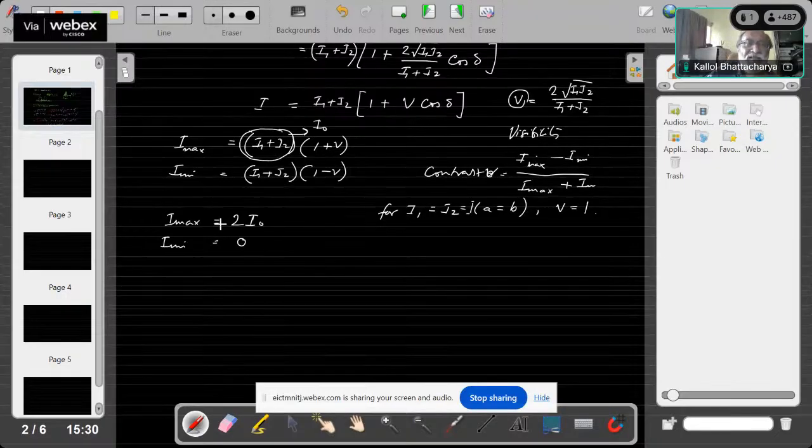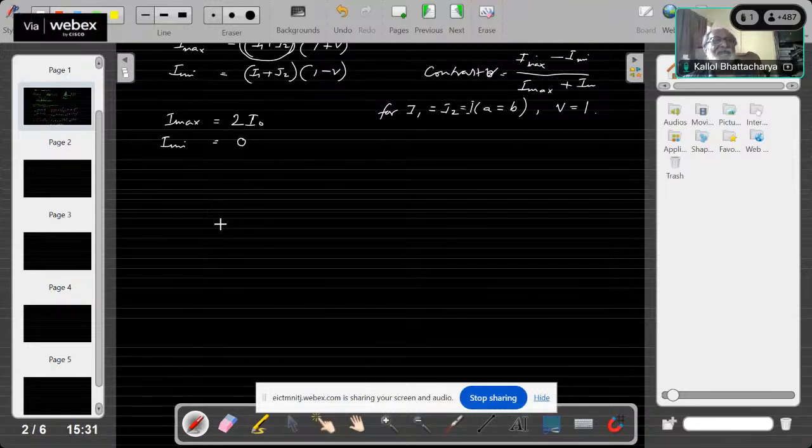Now let us try to plot this in a curve. Let us say we have the coordinates as intensity on this side, and on the x-axis we plot phase, which is delta.